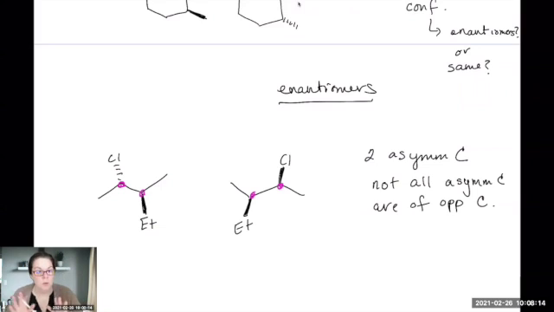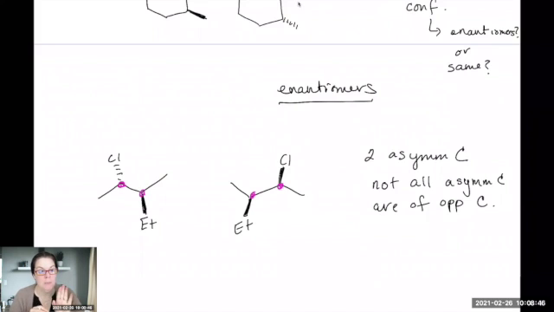So we have two stereoisomers where we have asymmetric carbons where some are different, but not all. So what do we call this group? I'll say that again. Enantiomers have each and every asymmetric carbon of the opposite configuration.